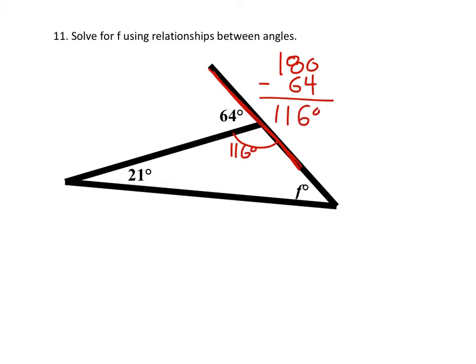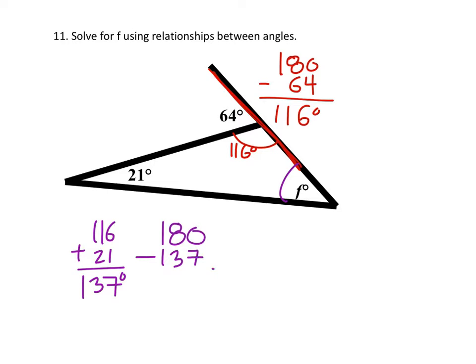Now those three angles add up to 180, the 116, 21, and F. So if I take 116 and add it to 21, then I get 137 degrees. Now these three angles add up to 180 on the interior of the triangle. So if I'm solving for angle F, I've got to subtract the other two, which add up to 137. And it looks like it's 43 degrees.